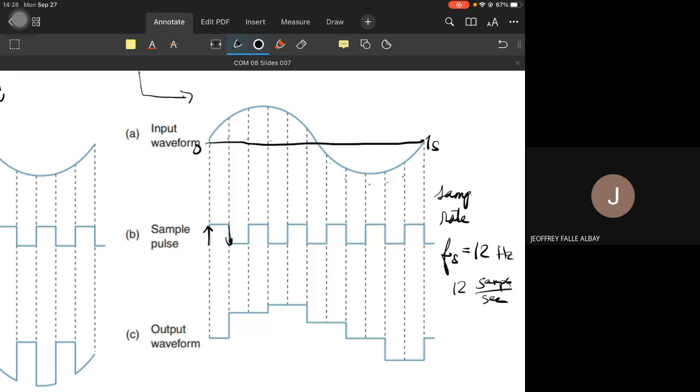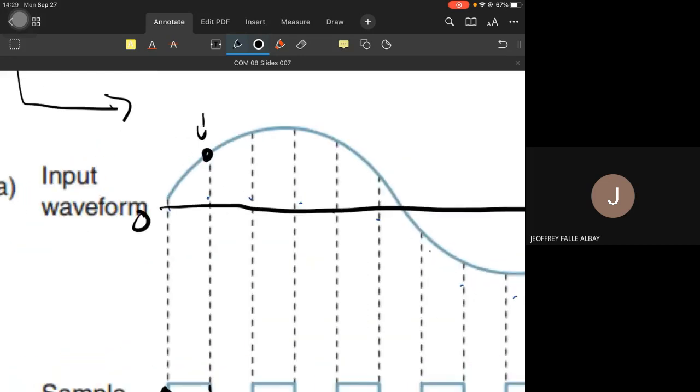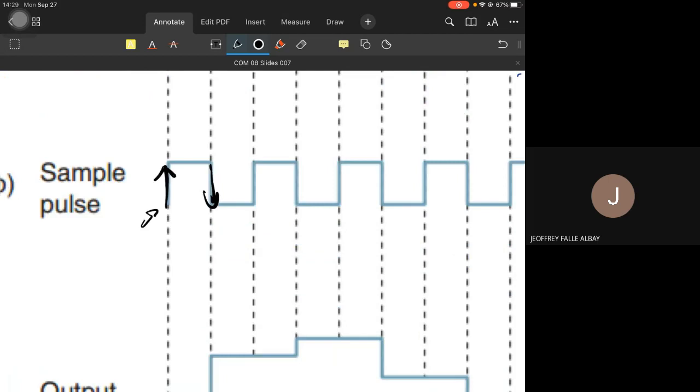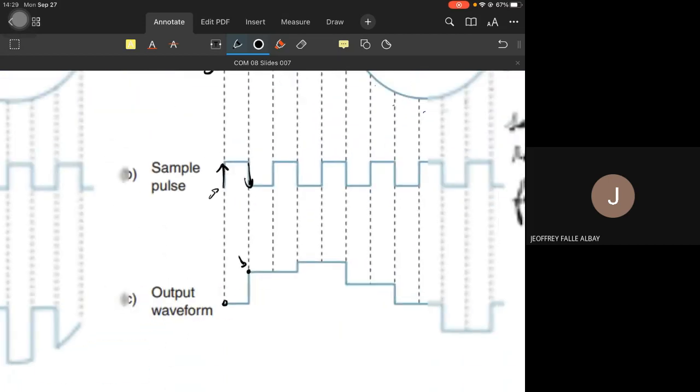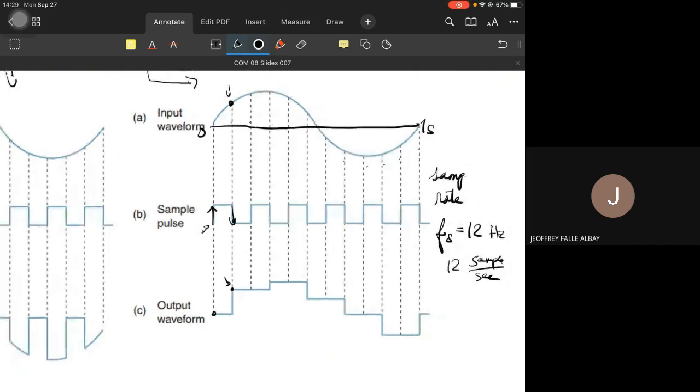So the first sample here is 0. The next sample, this one, measures how much the voltage level is at this point. That is also the voltage level at this point, and so on and so forth.